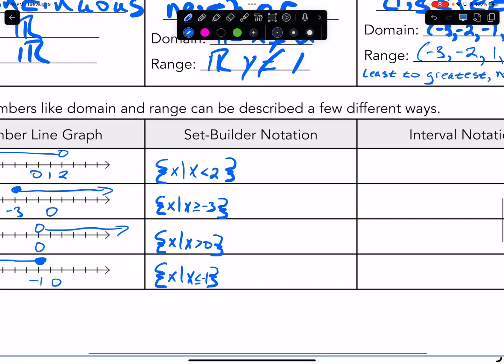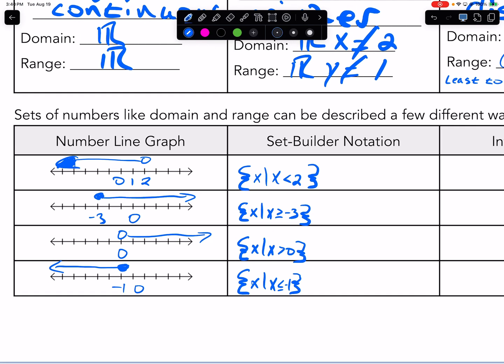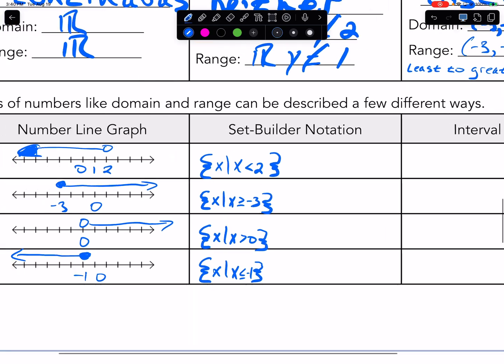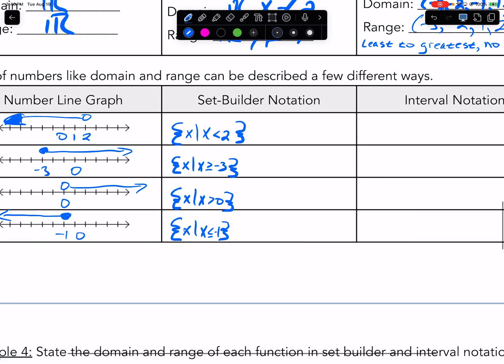So interval notation always starts with negative infinity or a number. It always ends with a number or positive infinity. So we always go left to right on the graph. So if I look at the first graph, it starts at negative infinity and goes to positive 2. So negative infinity to positive 2.